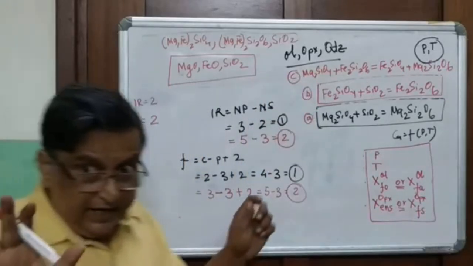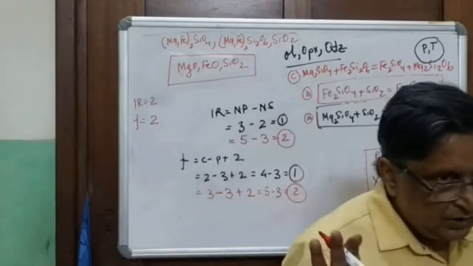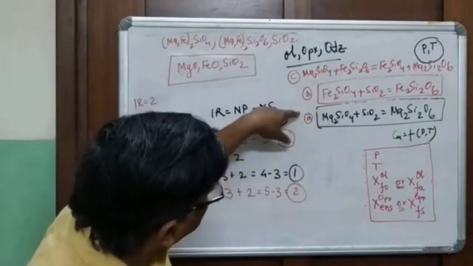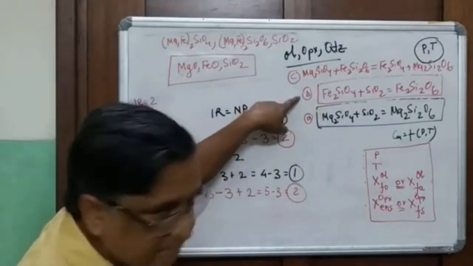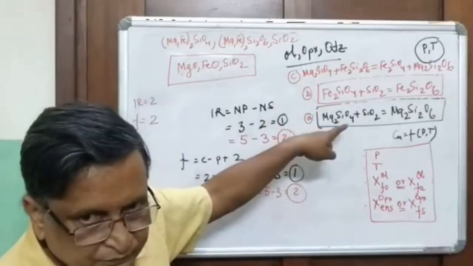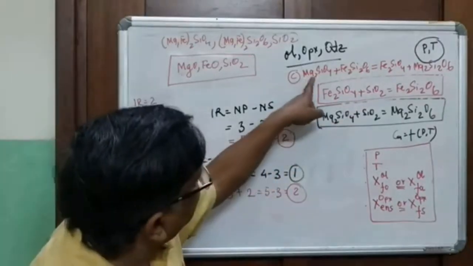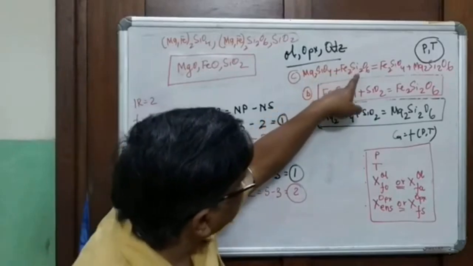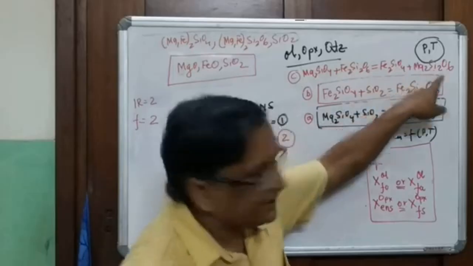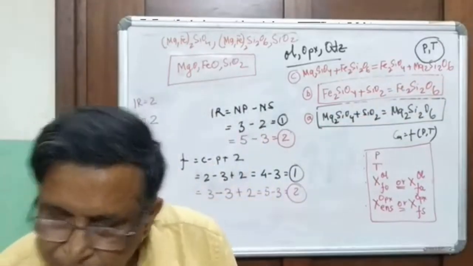You have 3 reactions possible. How did I get this C? By algebraic addition of A and B and by eliminating SiO2. If I do this, then you have Mg2SiO4 plus Fe2Si2O6 is equal to Fe2SiO4 plus Mg2Si2O6.